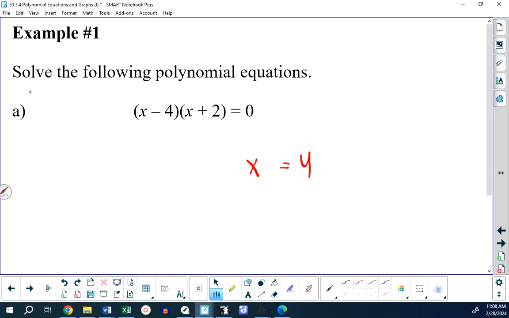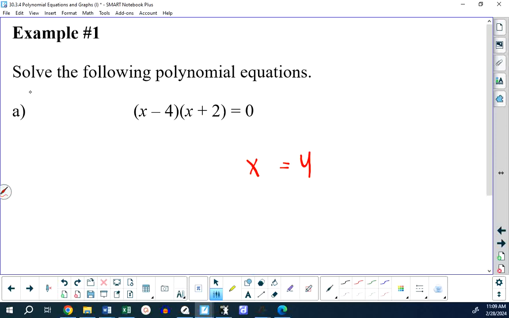So why is 4 a solution to this equation? See, this would have been explained to you in Math 20, but then you just get in the habit of saying, oh, if it's x minus 4, x equals 4. The reason is 4 makes x minus 4 0, and x minus 4 is a factor.